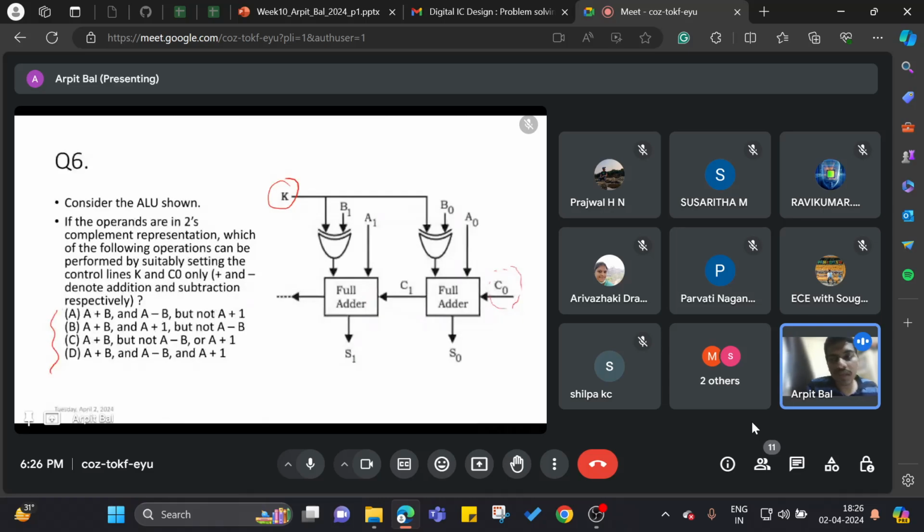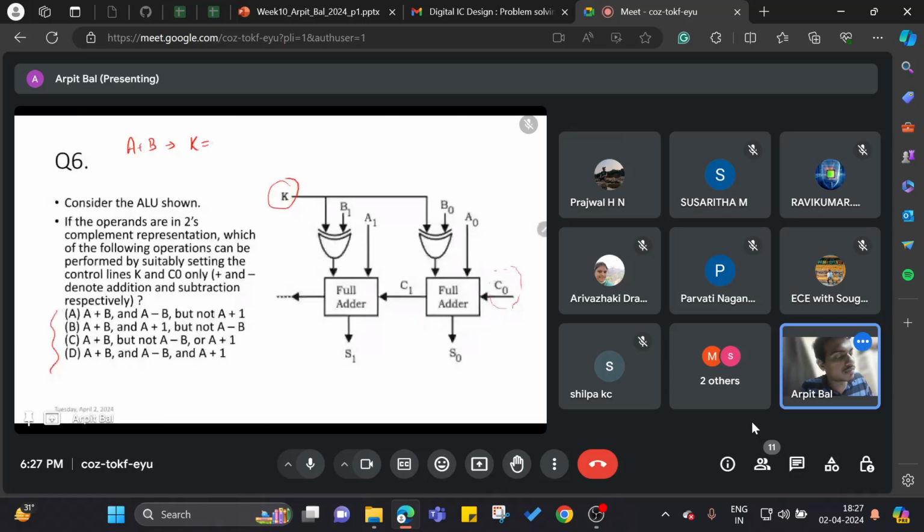Okay, first tell me, is a plus b possible here? Yes. Okay, so if a plus b is possible, then I have two control knobs with me, k and c0. What should be my k and what should be my c0? Both K and C0 must be 0.